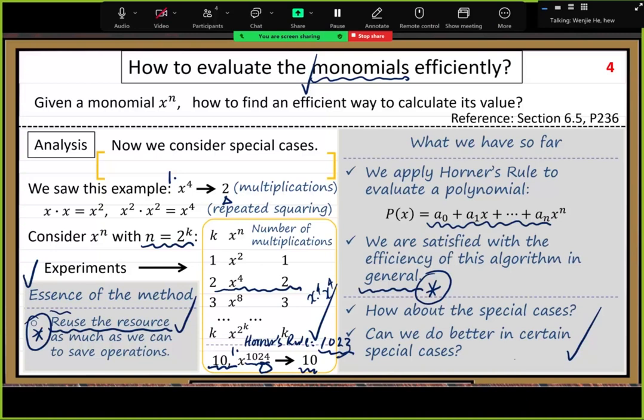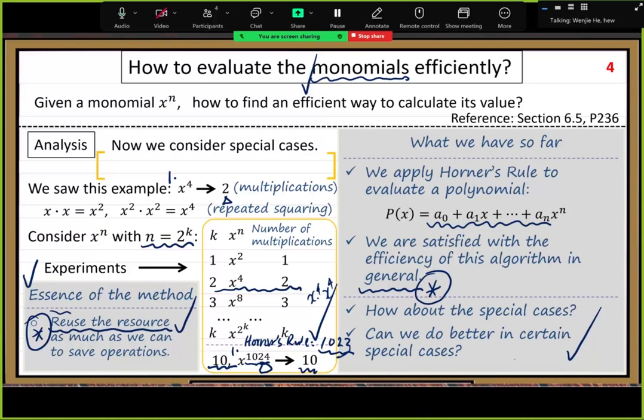I want to make a few comments on this conclusion. Reuse the resource. This point is very important because for this algorithms class, we want to design efficient algorithms.